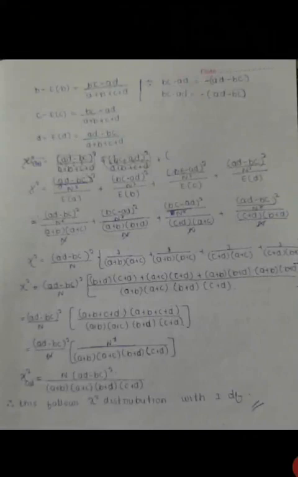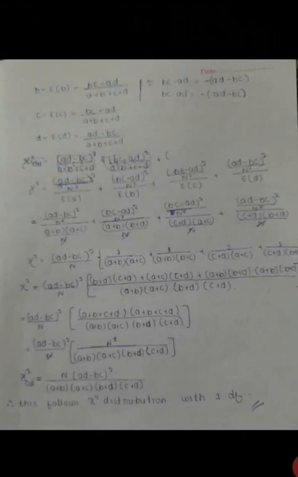Similarly, b minus E(b) is (bc minus ad) divided by (a plus b plus c plus d). c minus E(c) is equal to (bc minus ad) divided by (a plus b plus c plus d). Lastly, d minus E(d) is equal to (ad minus bc) divided by (a plus b plus c plus d) total.